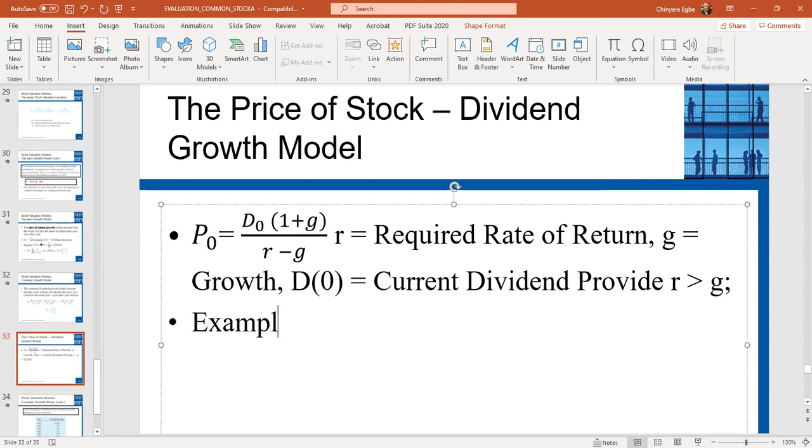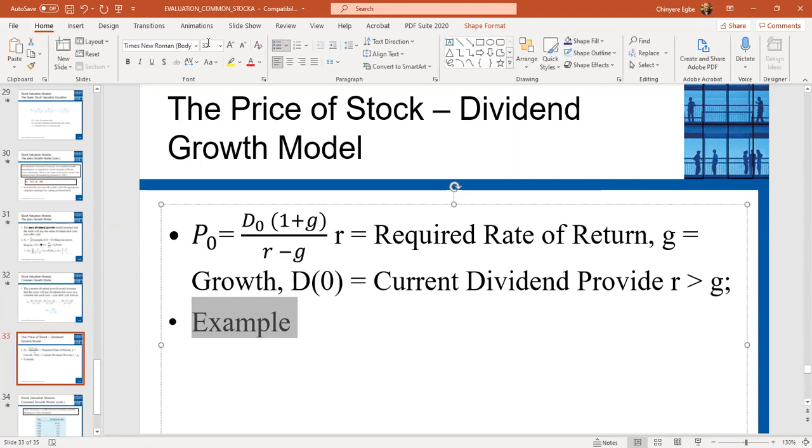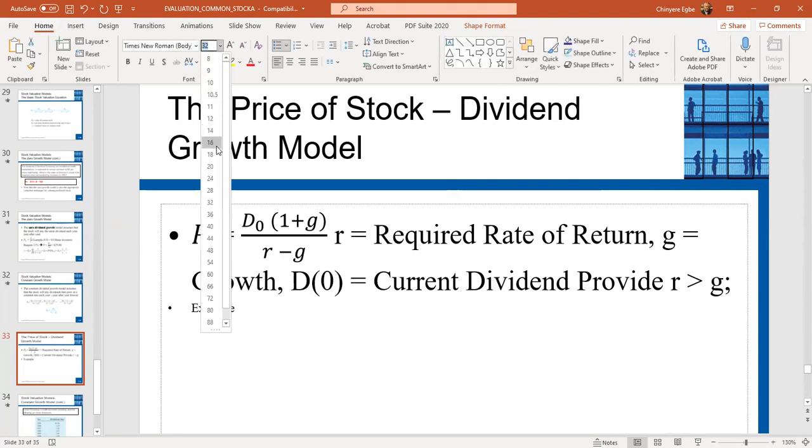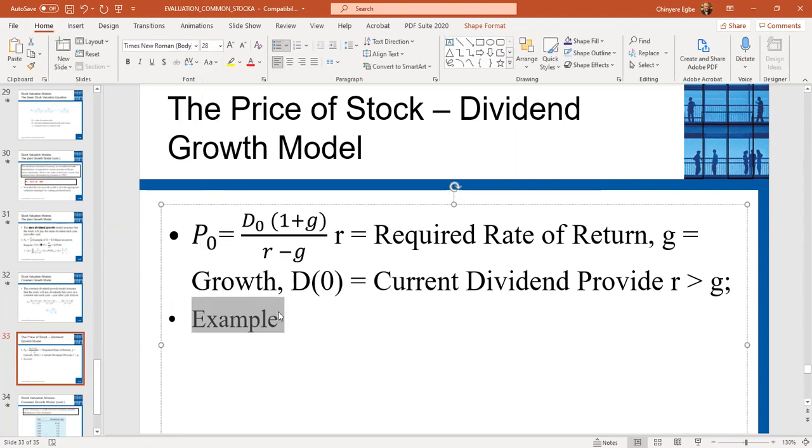An example. Let us say current dividend is $2.50.